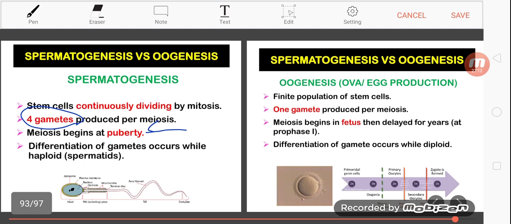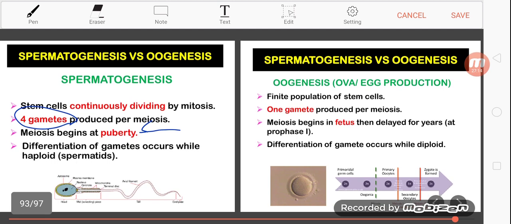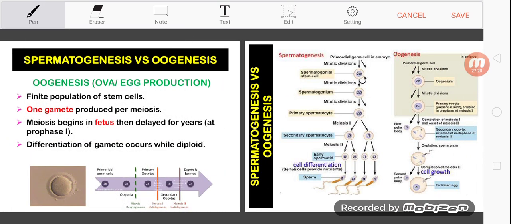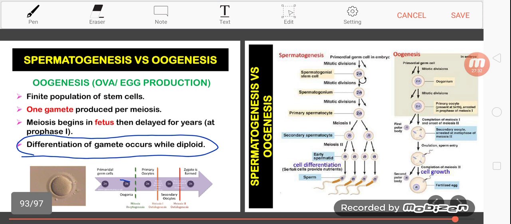Differentiation of gametes occurs while diploid.